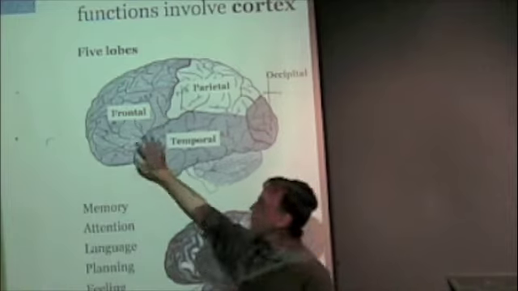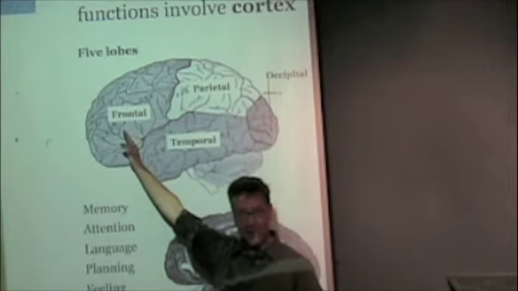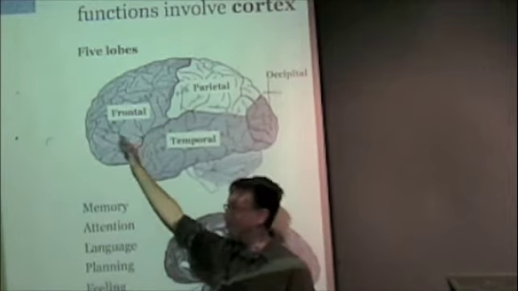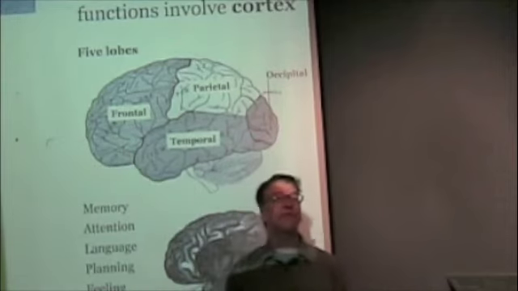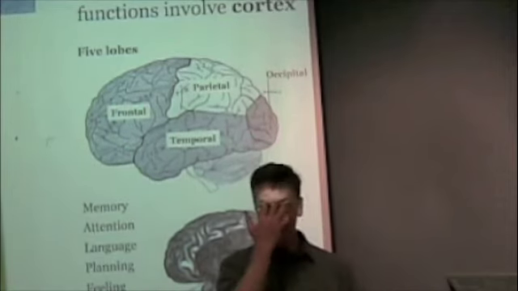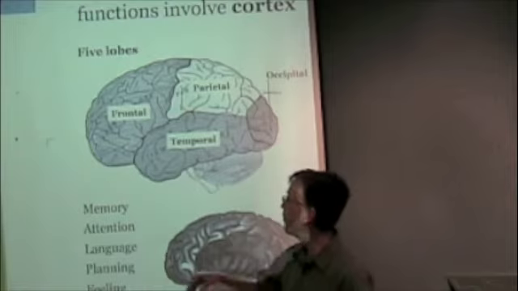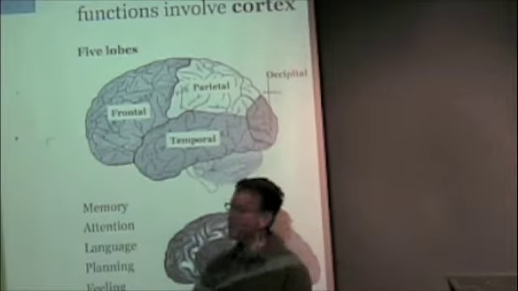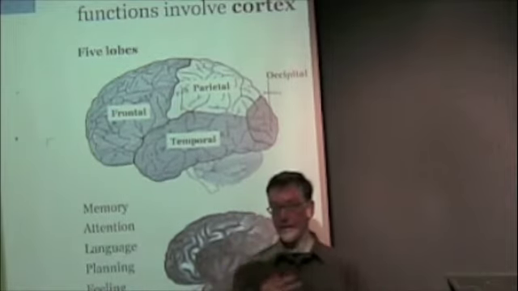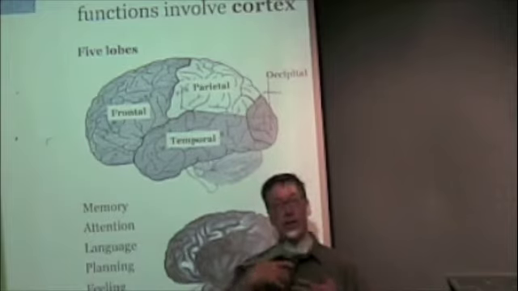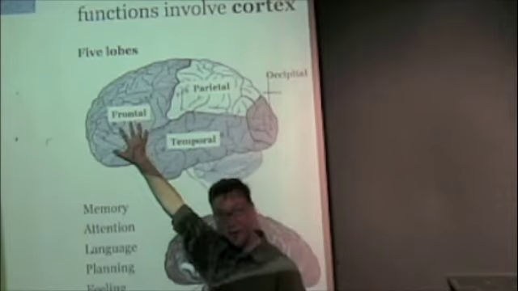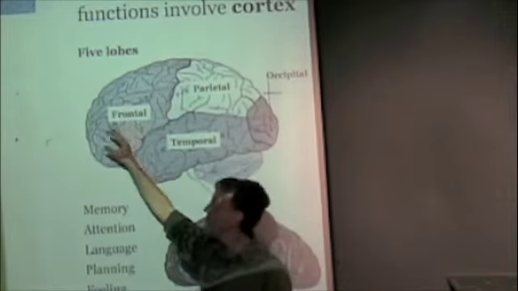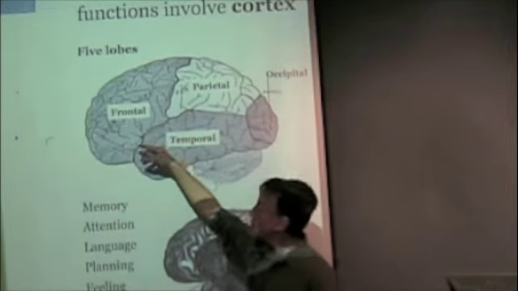The one towards the front, the most anterior, is referred to as the frontal lobe. This is behind your eyes. The frontal lobe is particularly extensive in primates and particularly in humans. This is where a lot of evolutionary growth has accrued.